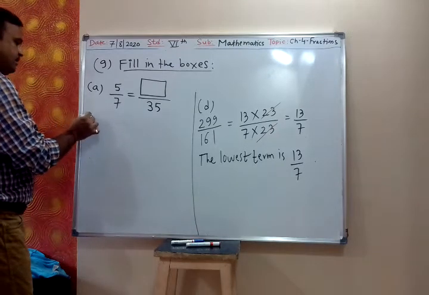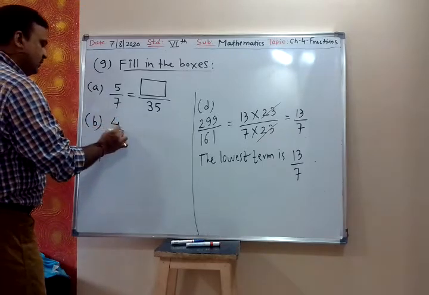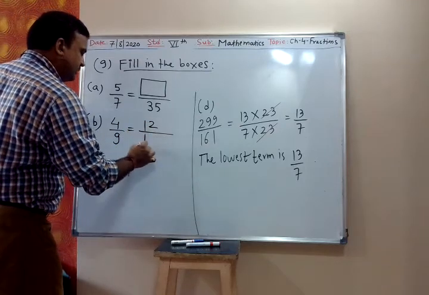B: first I am writing the question. 4 upon 9 is equal to 12 divided by box.